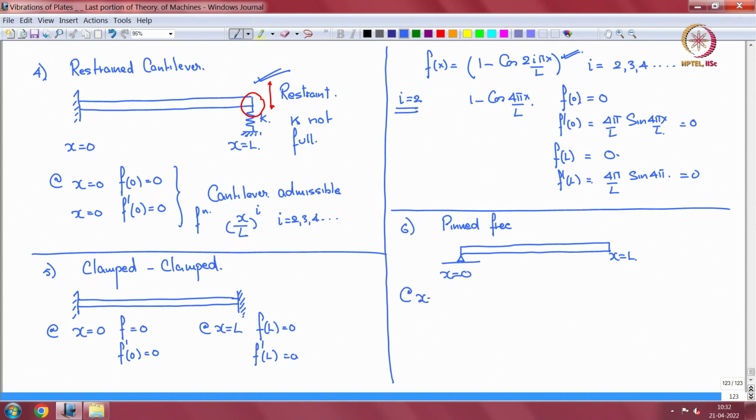At x equal to 0 we have f of 0 equal to 0, and at the other end it is free, so the admissible functions are f of x equal to x by L to the power i, where i can go from 2, 3, 4.